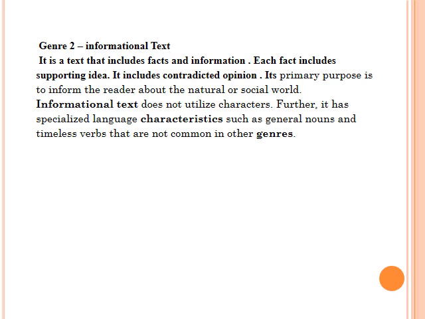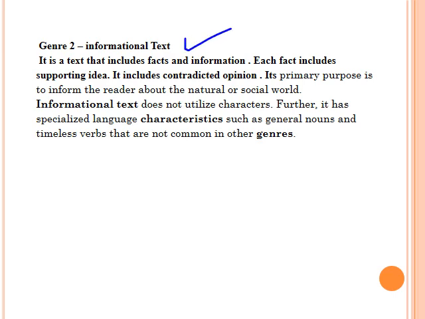Here we have the next genre, or the second one. It is informational text, and we all know that we have informational text like a persuasive text. We use it in media most of the time in order to convince someone, or we want to give him ideas about something. We have to convince someone that this product is better than that one, so we give him many supporting details that could help in convincing.